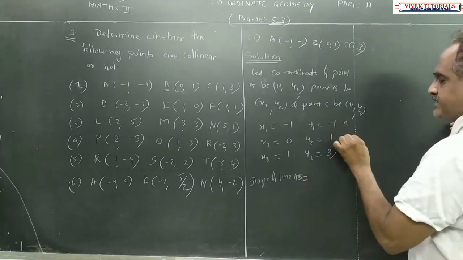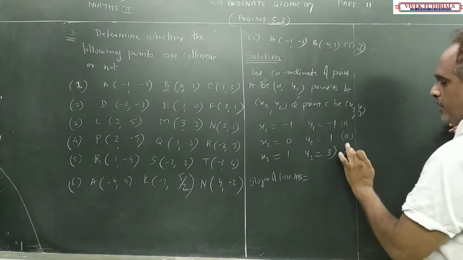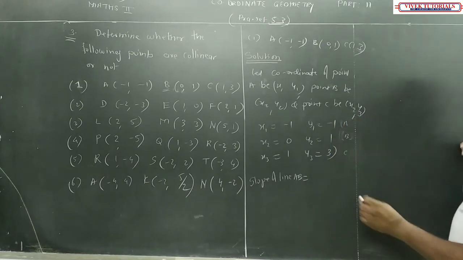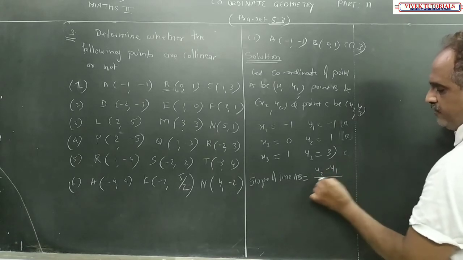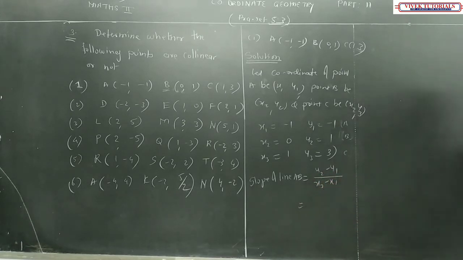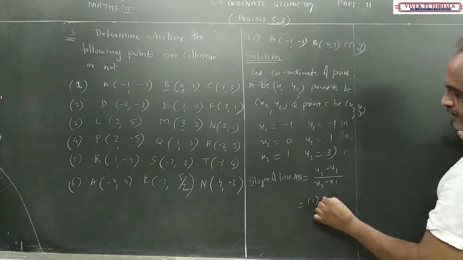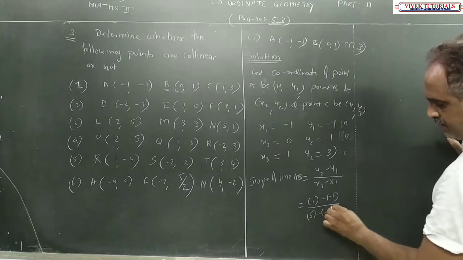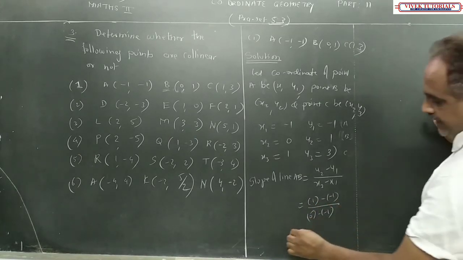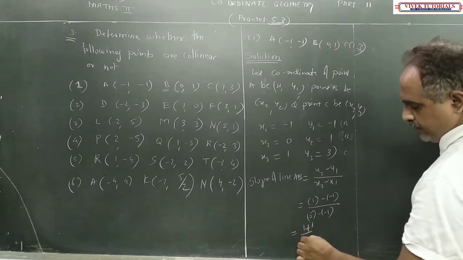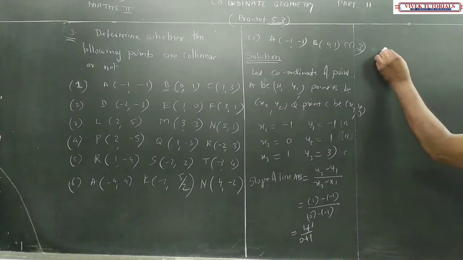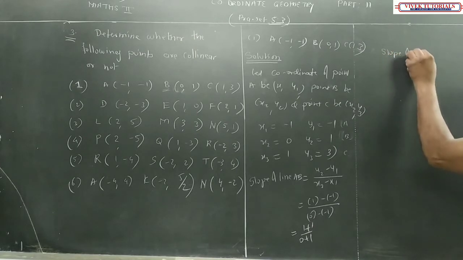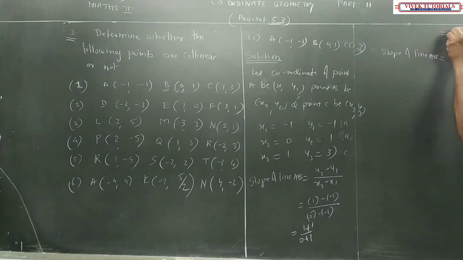This is point A, this is B, and this is C. What is the formula? Slope = (y2 - y1)/(x2 - x1). y2 is 1 minus (-1), and x2 is 0 minus (-1). So we get (1 + 1)/(0 + 1). So the slope of line AB is 2/1 = 2.